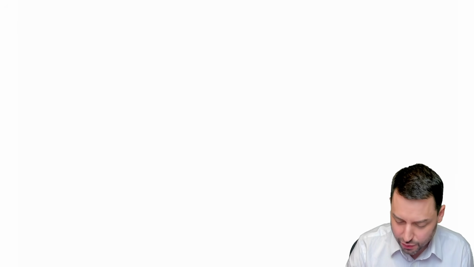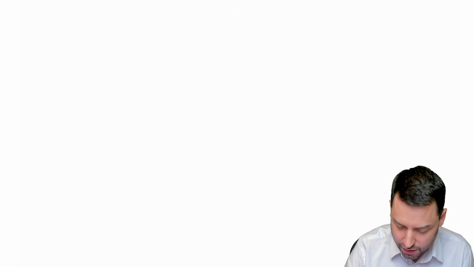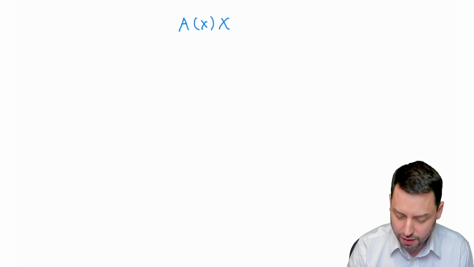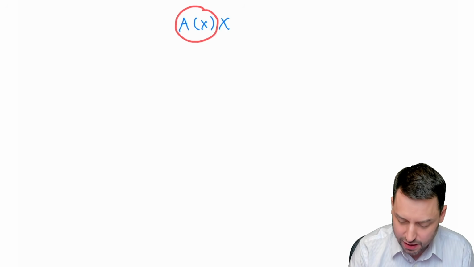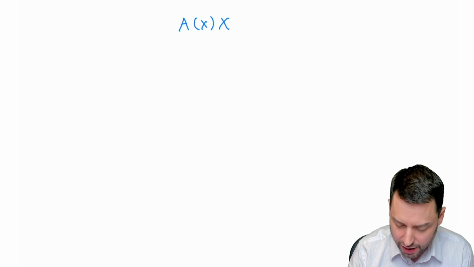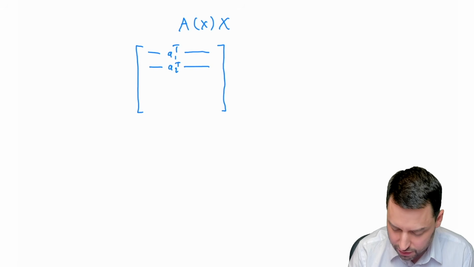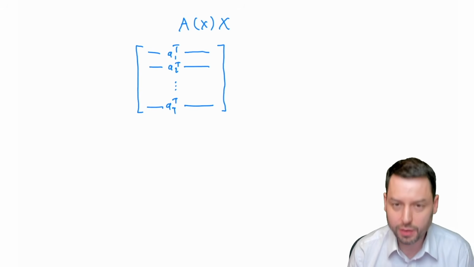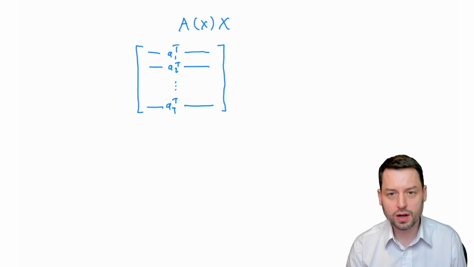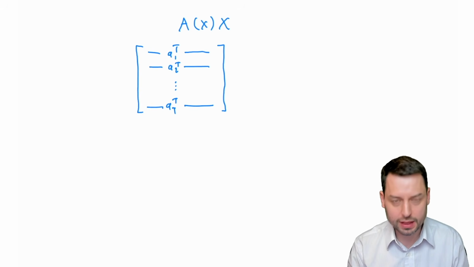And just to highlight that one more time, remember that if we have our matrix A times X, and we write A in terms of its rows, as some first row transpose, second row transpose, etc., all the way down to AT transpose, and each element here also has T elements in it.